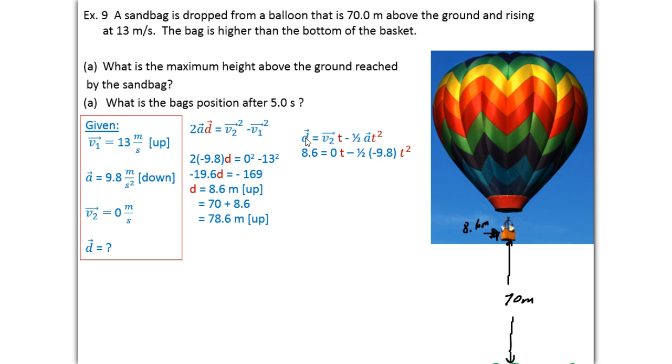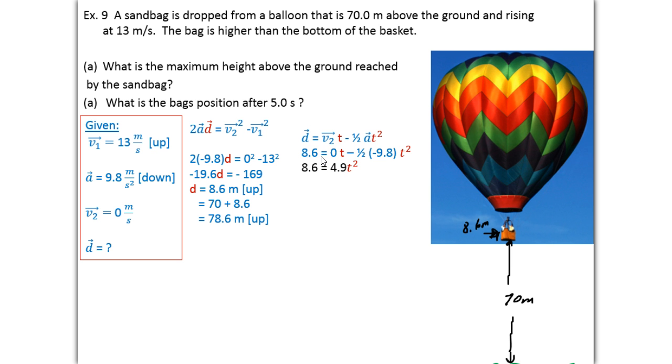So first let's find the time it takes for the sandbag to travel the 8.6 meters. The formula that applies: displacement is v2 times time, subtract a half a t squared. It traveled 8.6 meters up. It would then stop, so its velocity is 0. Its acceleration is 9.8. Now you might be turned off from using this equation here, but remember, v2, its ending velocity, is 0, so this will cancel.